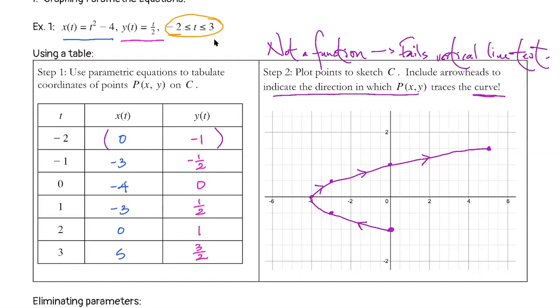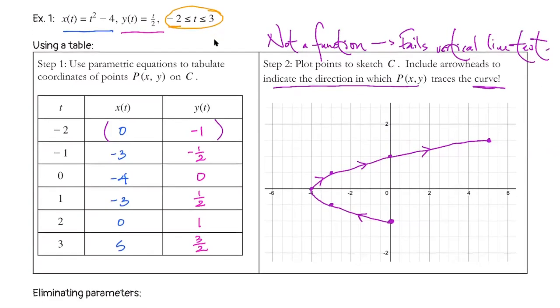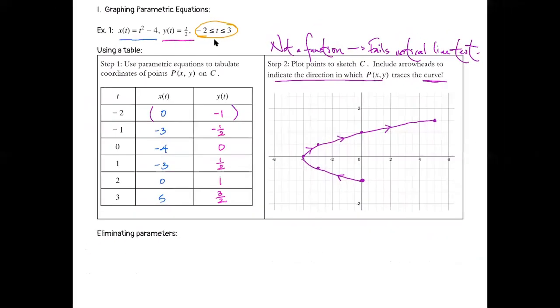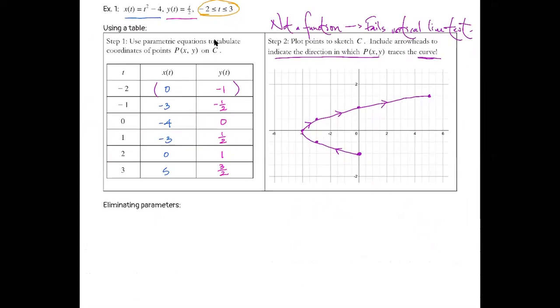All right, from here, let's take a look at this idea of eliminating parameters. When we take a look at parametric equations, if I said x equals t squared minus 4, y equals t over 2, I wouldn't know immediately what that looks like.